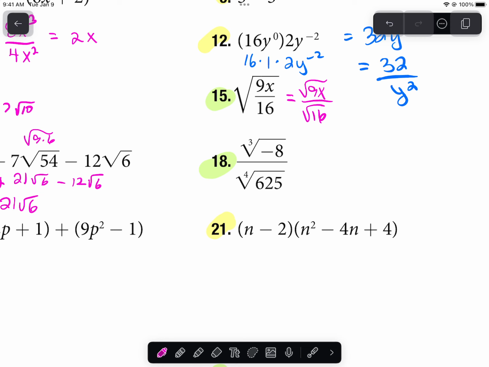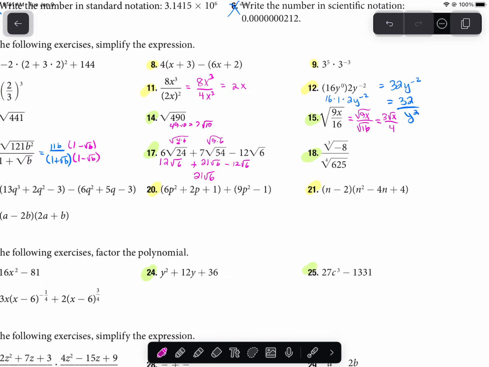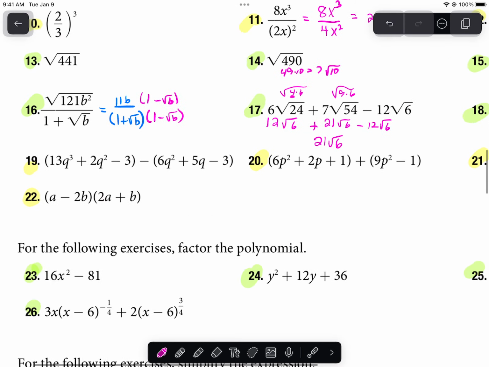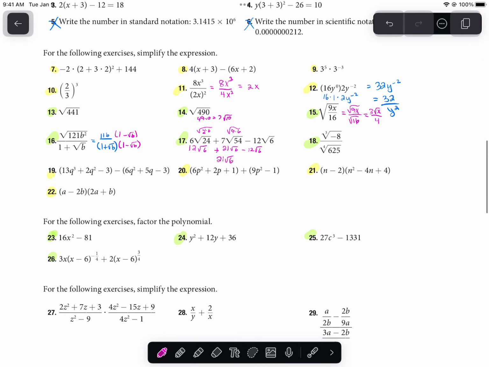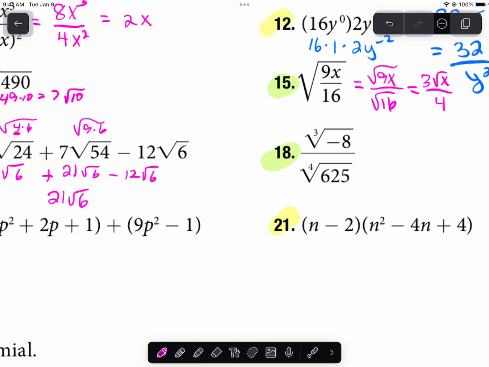In this particular one, we can't reduce the fraction, so just leave it. But we can individually do those square roots. The square root of 9 is 3, but the x, I can't take the square root, so just leave it. The square root of 16 is 4. So the answer there would be 3x over 4.